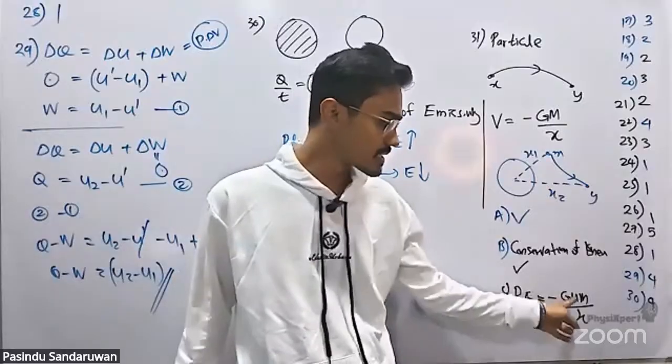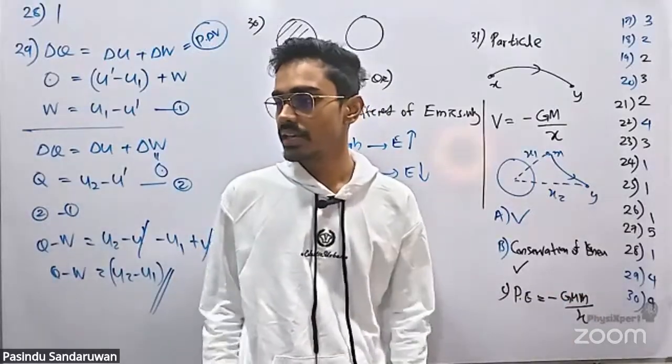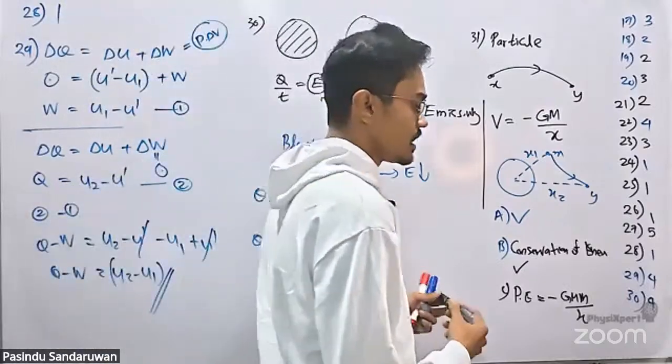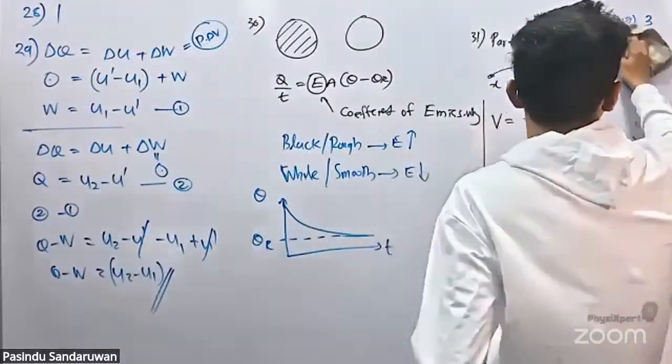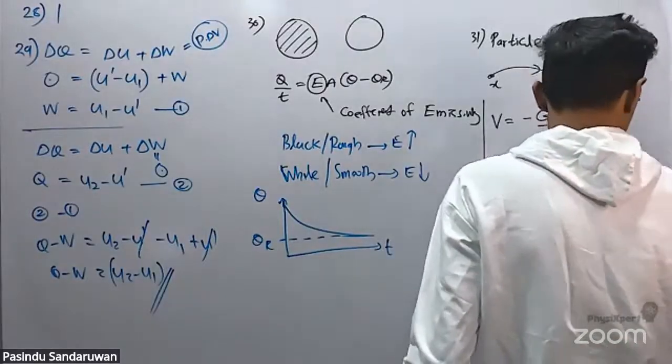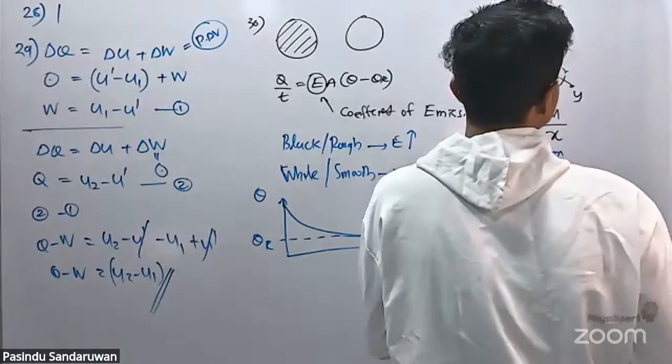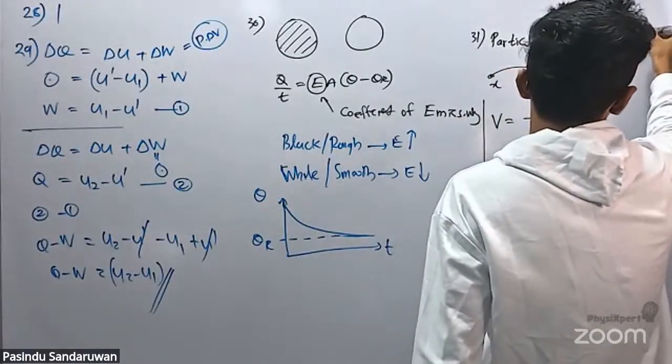No, because the mass is there. That is wrong. So only A and B. Answer 3. For 31, answer 3. Fine.